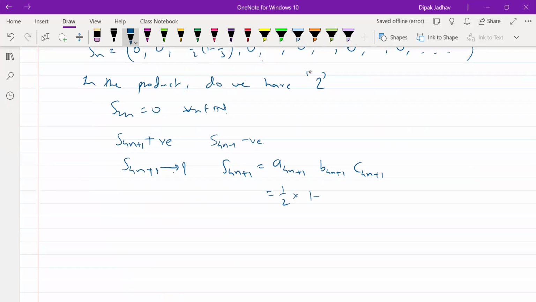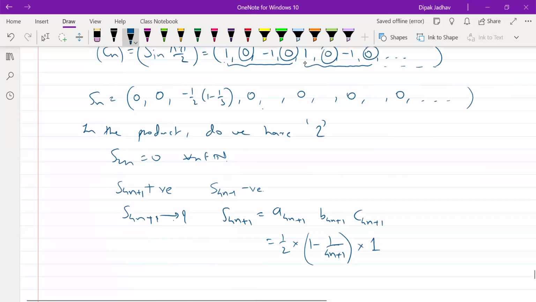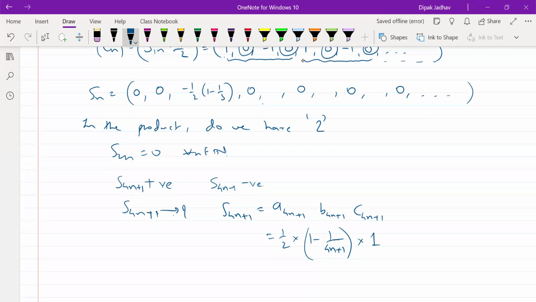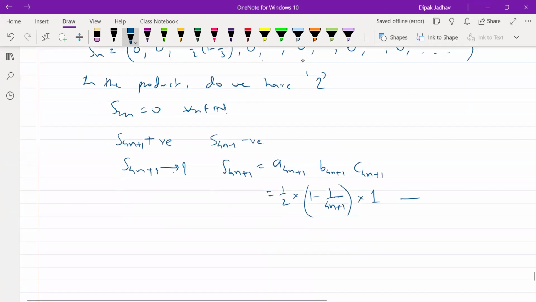B 4n plus 1 is 1 minus 1 upon 4n plus 1. And C 4n plus 1 is 1. Where does it go? It goes to half.